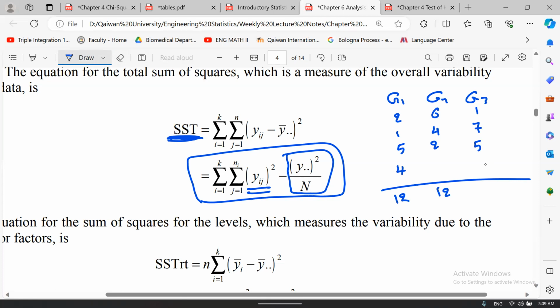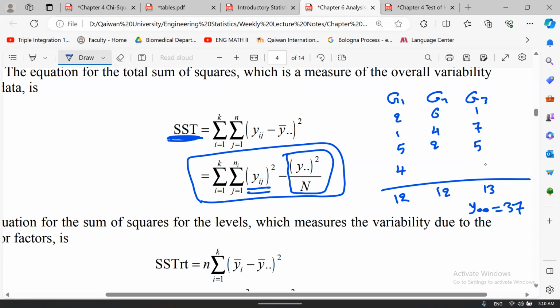For the third one, it's 13. How about Y double dot? It's the sum of all elements for all groups, which is 12 plus 12 is 24, plus 13 is 37.